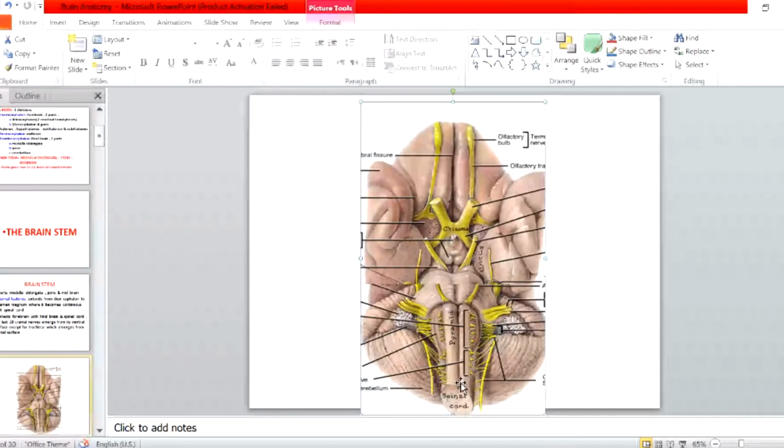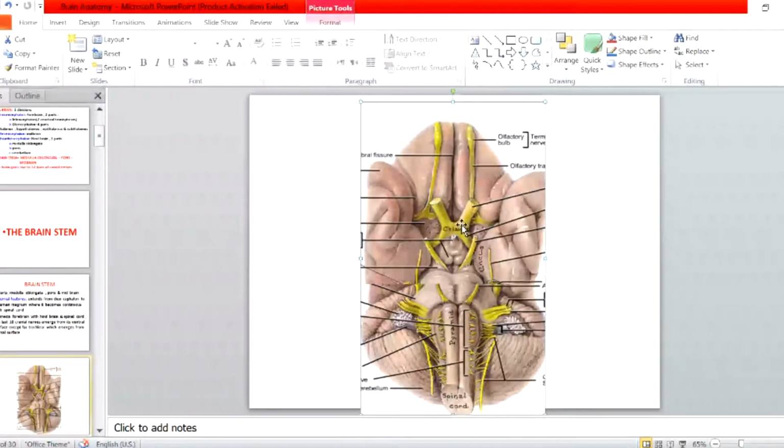Now the midbrain, this small portion, together with the pons and medulla oblongata, which continues as spinal cord in the foramen magnum, these three parts we call brain stem.